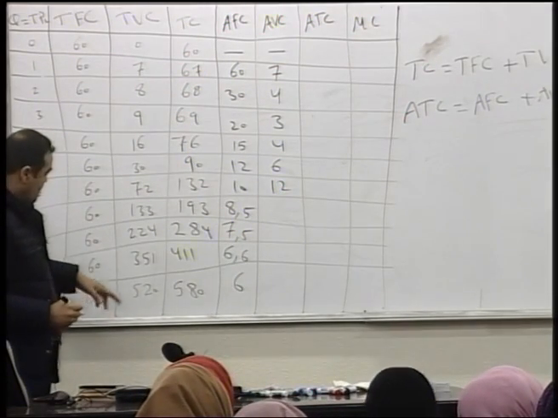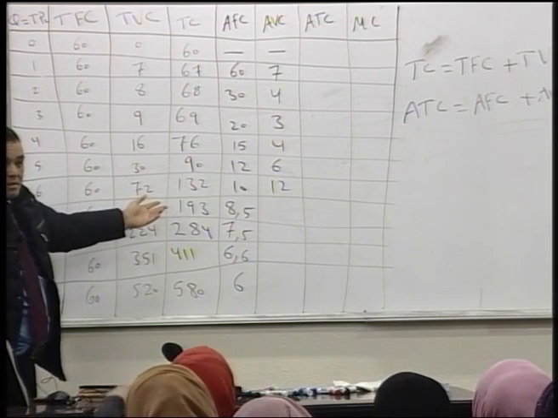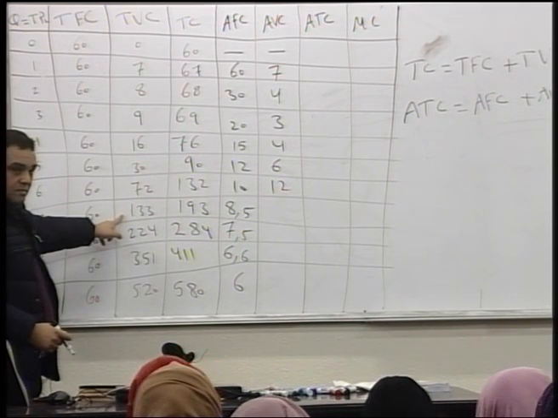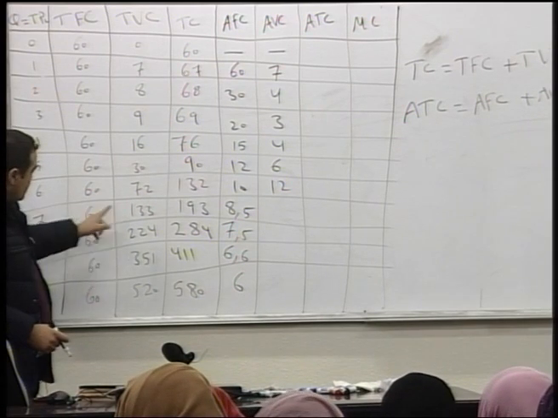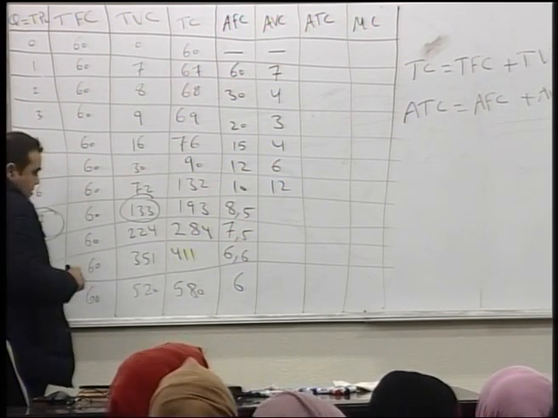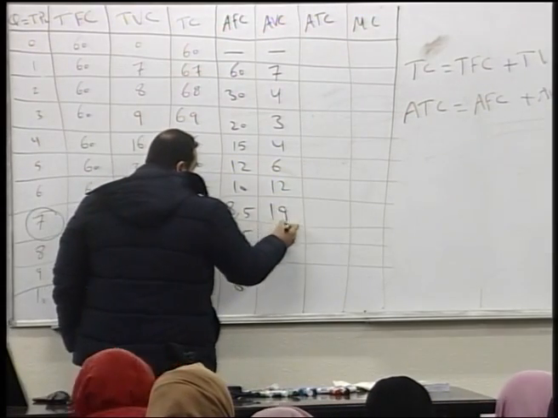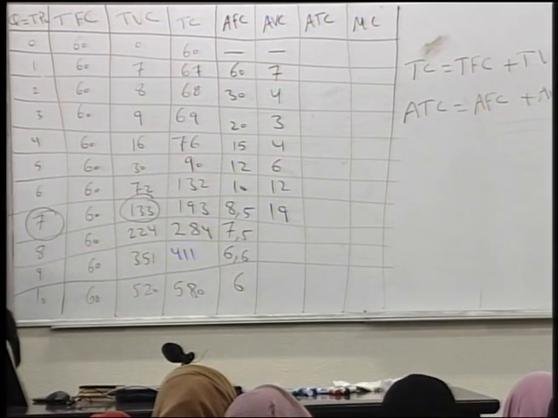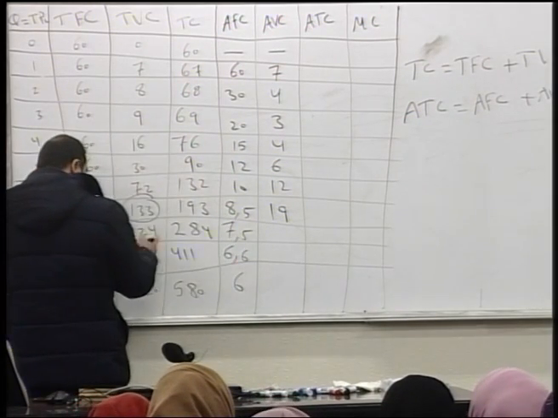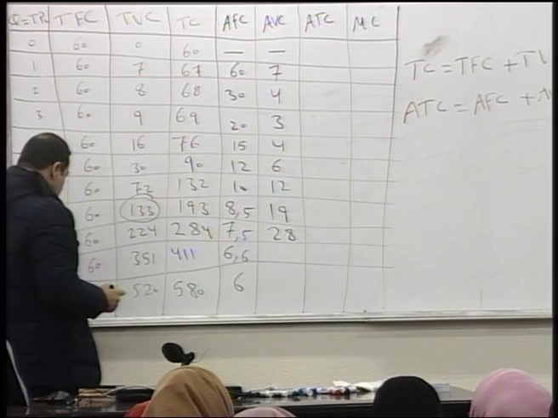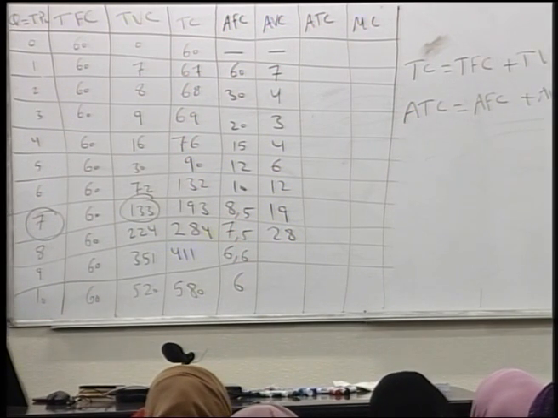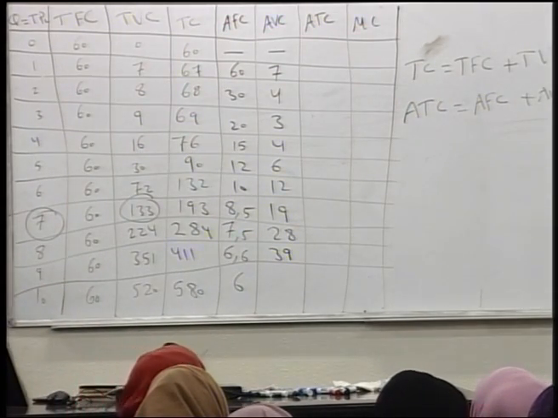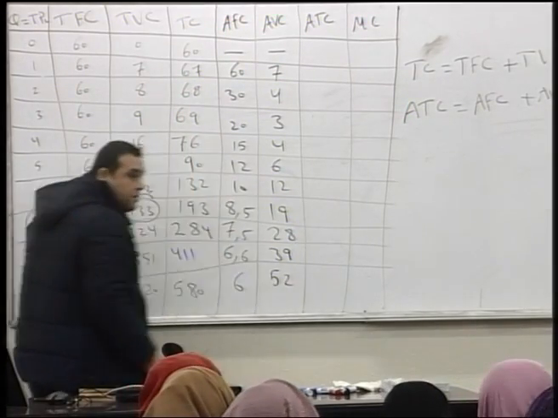Right? Correct. 12. Nice. The next one. 224 over 8, how much? 28. Okay. And then 39. And the last point, 52. Right?